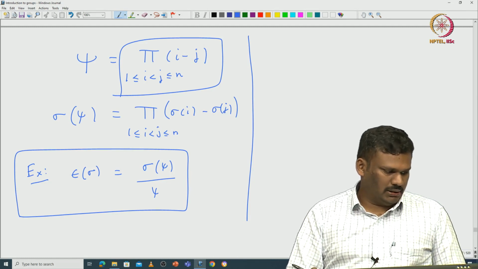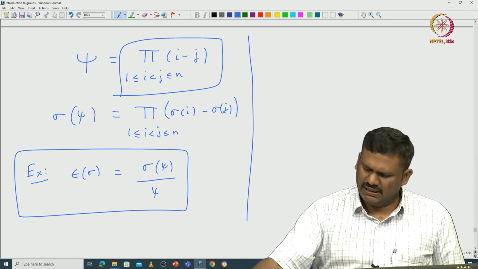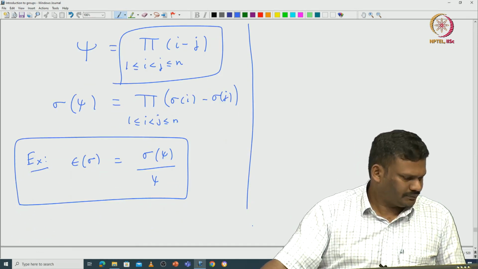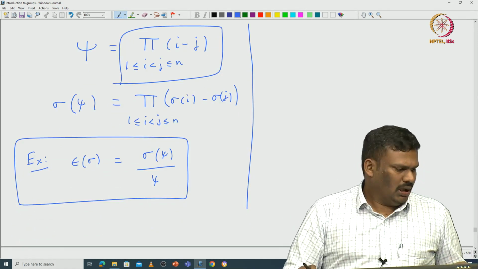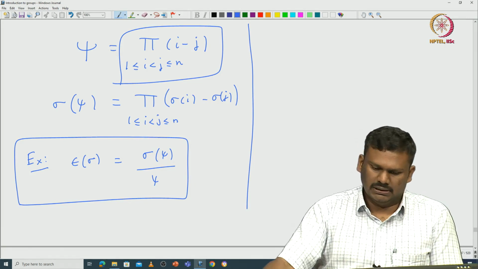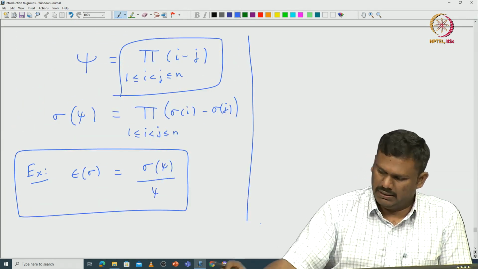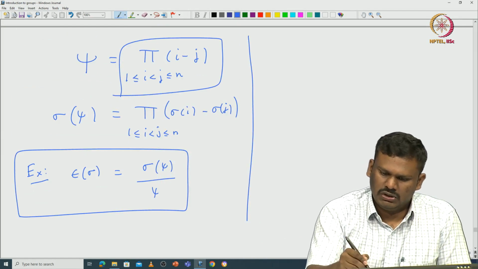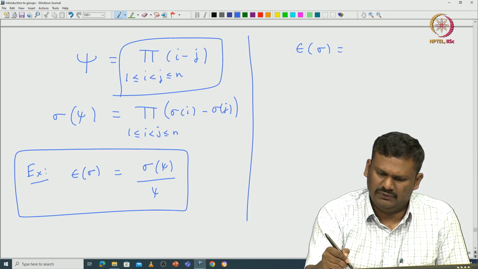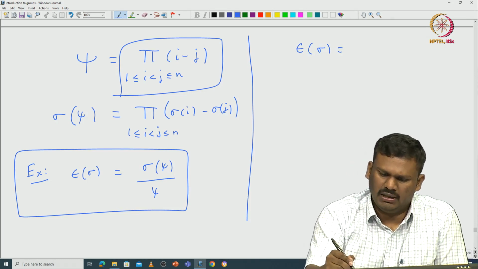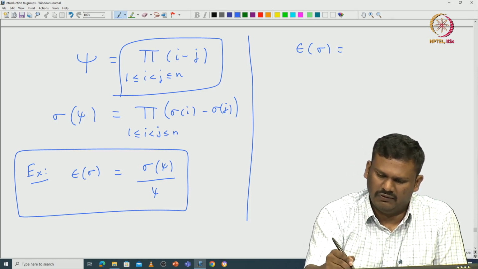Okay, so now from this we can get an immediate corollary from what we have observed. We also have this different expression of the sign of sigma, which is given by the number of inversions, which is exactly (-1) to the power the cardinality of A sigma.